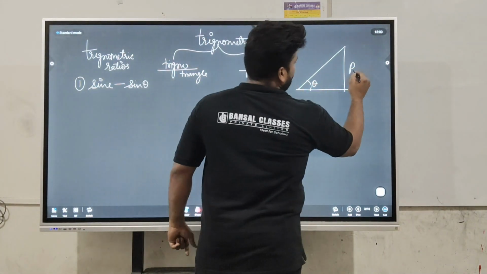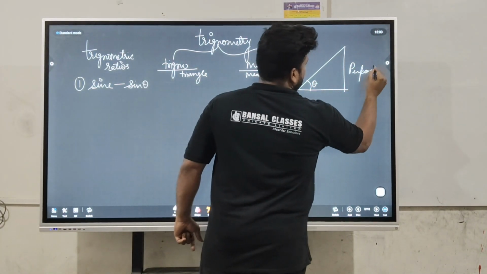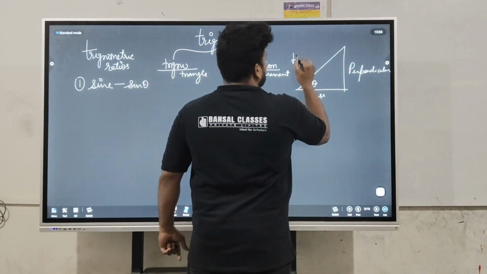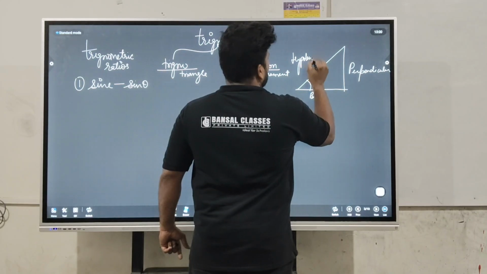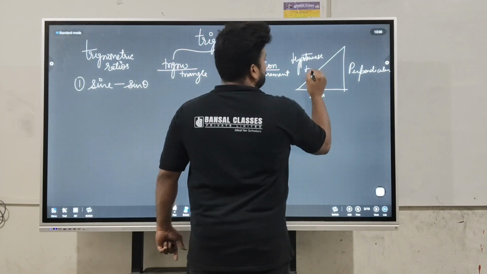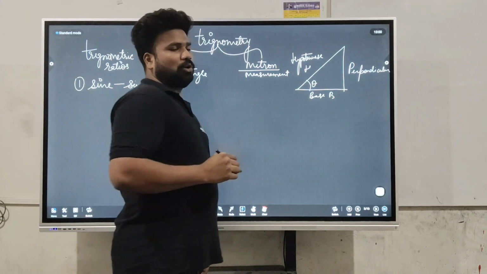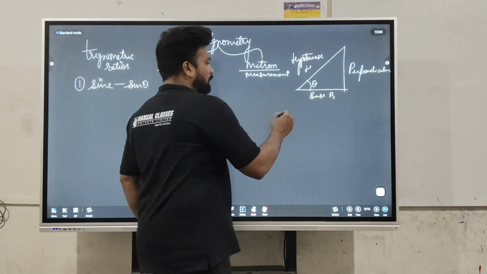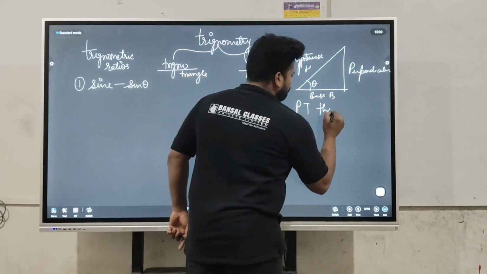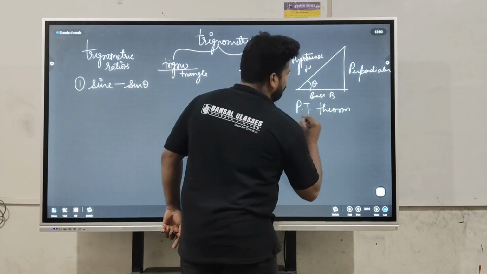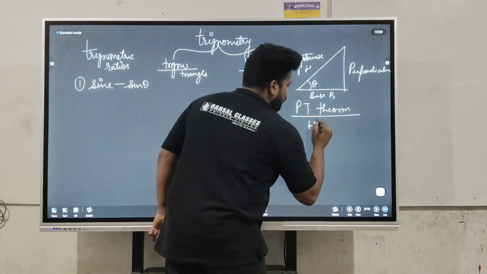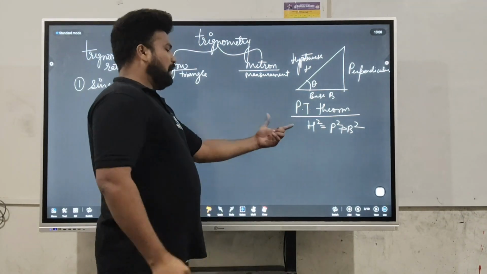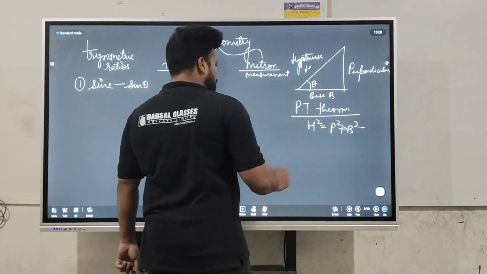So this is perpendicular, this is base, and this is hypotenuse H. The base is represented as B. In the Pythagoras theorem, we deal with the relationship between all these three sides: H square is equal to perpendicular square plus base square.